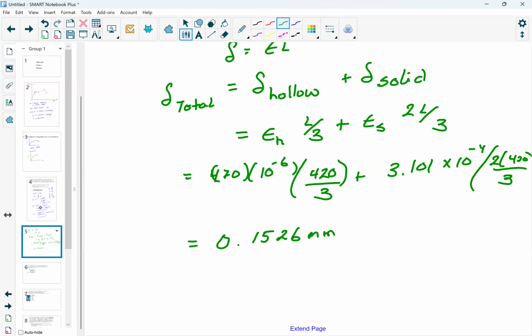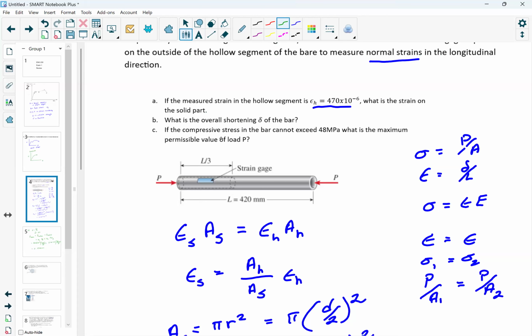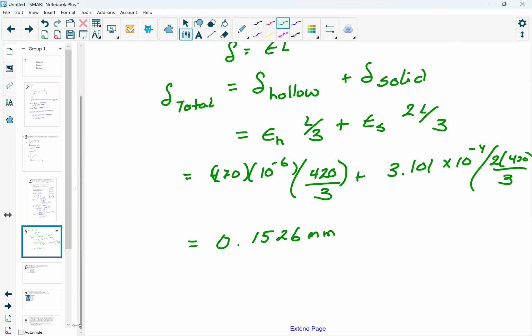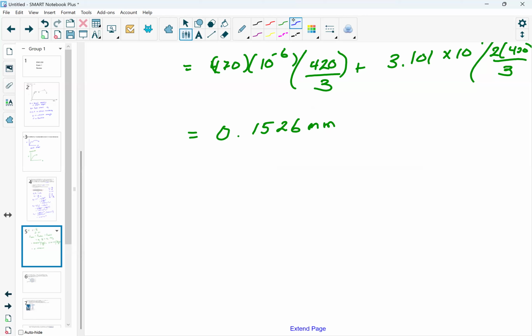All right. Part C says if the compressive stress in the bar cannot exceed 48 megapascals, what is the maximum permissible value of the load P? Okay, so if we look at this, you probably honestly could guess where this is going. For part C, we basically have 2 sections we have to worry about, and that is P max for the hollow section.